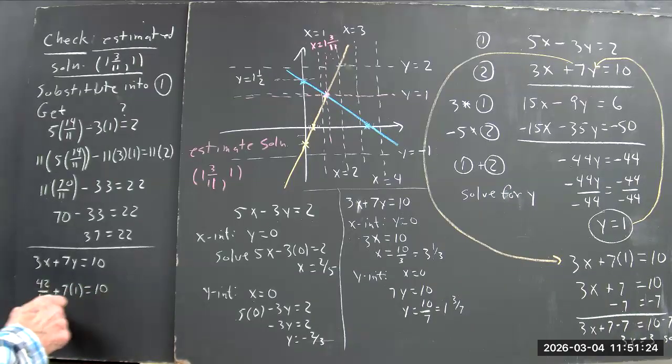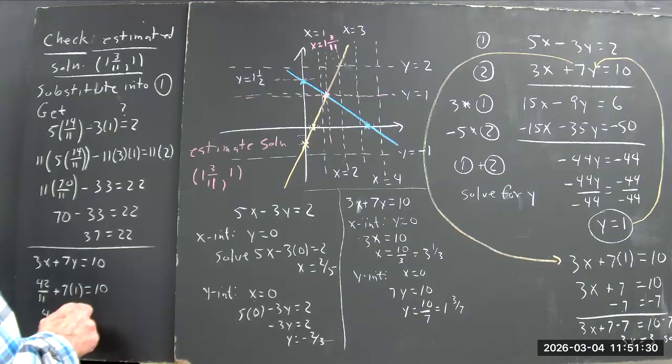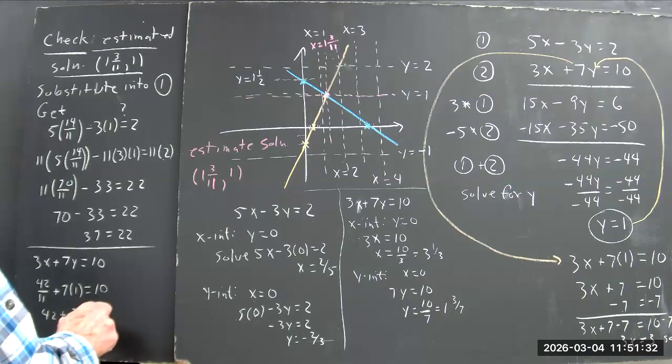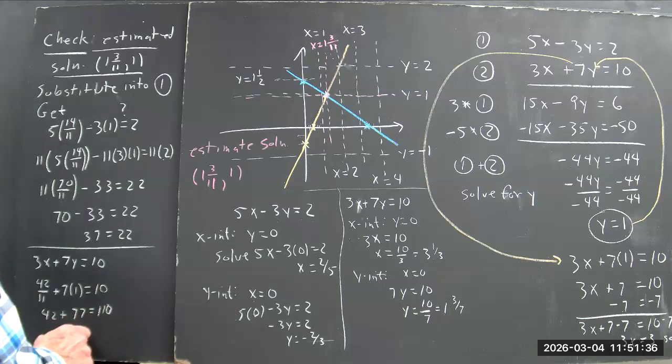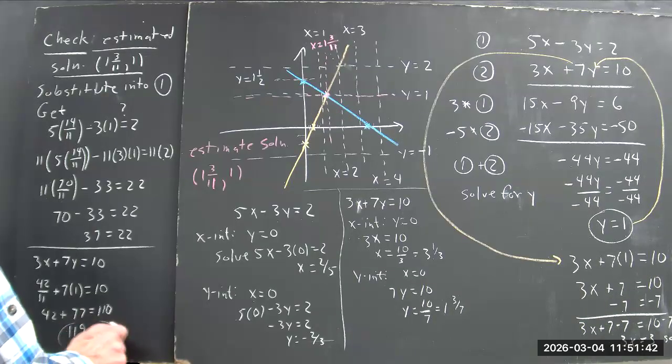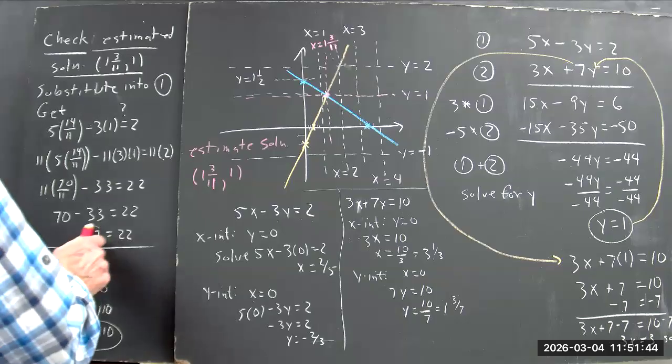Multiplying everything through by 11, we get 42 plus 77 equals 110. And 42 and 77, I believe, is 119 equals 110. That's fairly close.